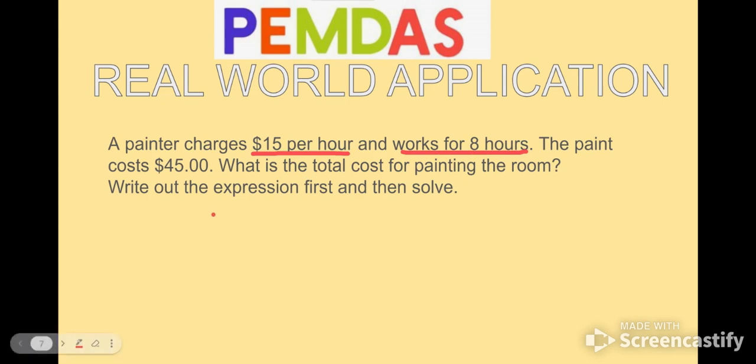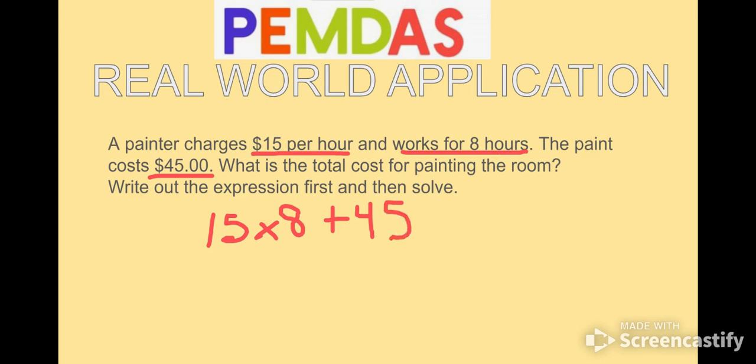So we're going to do that part first. And then we know that the paint costs $45. So we're going to add $45 to find out what our total cost is to paint this room.